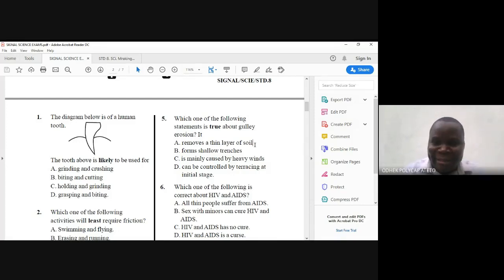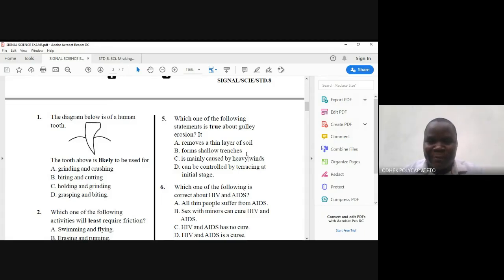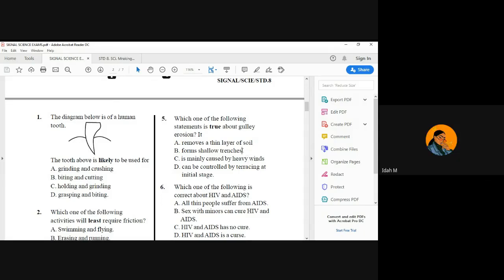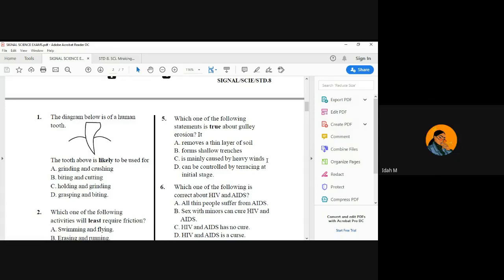So everything is correct. It's only that it's not correct in this question. So it removes a thin layer of soil. What do you write in front there? Sheet erosion. Very good, girl. Then go to choice B. Forms shallow trenches. That is rill erosion. Very good, girl.